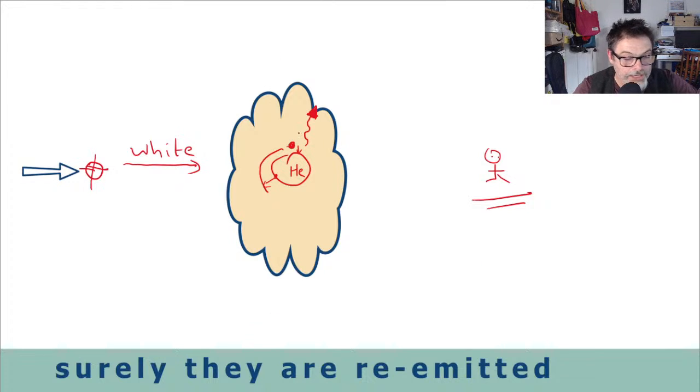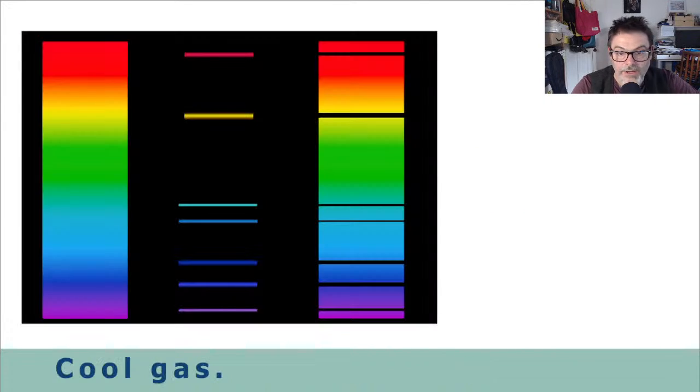So yes, the light is re-emitted, but in the process it is effectively scattered off in all directions, because it's not just going to be upwards towards 1 o'clock, is it? It could be in any direction that the photons are re-emitted. So they are taken out of the spectrum, and this might explain why, when you look at proper photographs of absorption spectra like this, these black bars are not completely black.